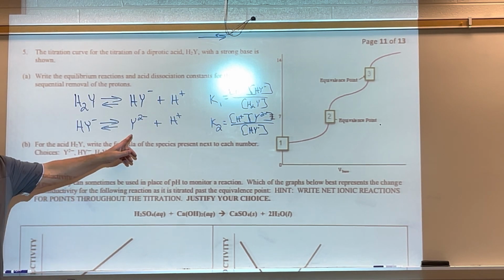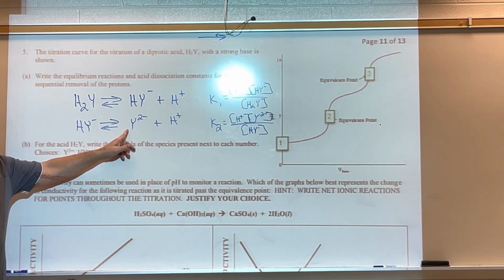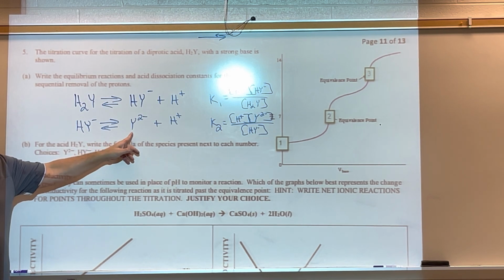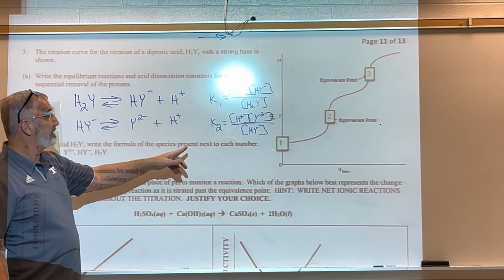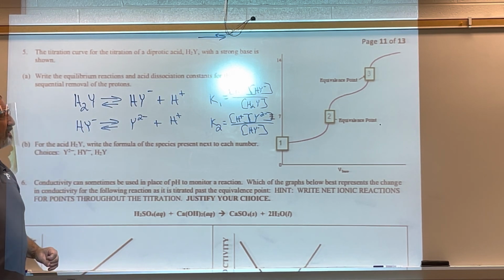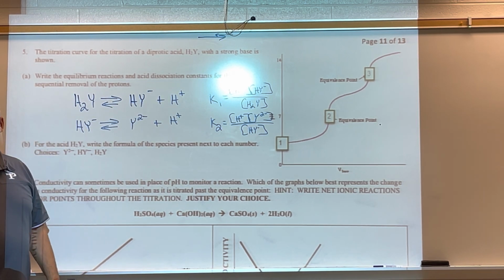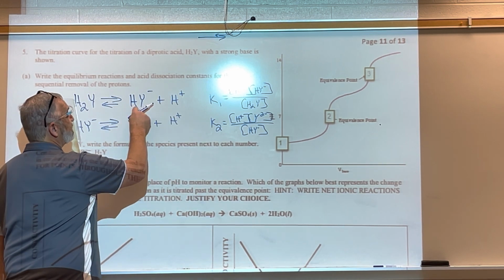Now, what do we remember? What's the Y2 minus concentration going to equal? It's going to be the same as what? What do we know about these concentrations right here?